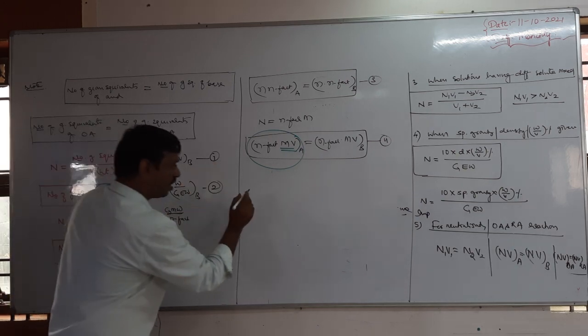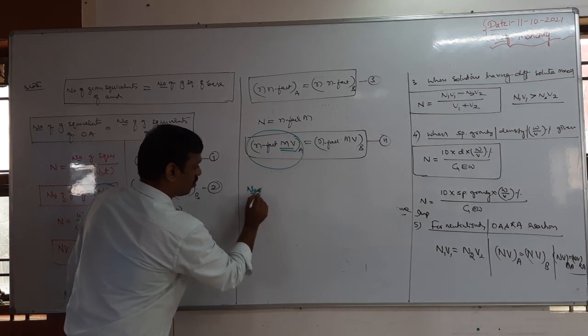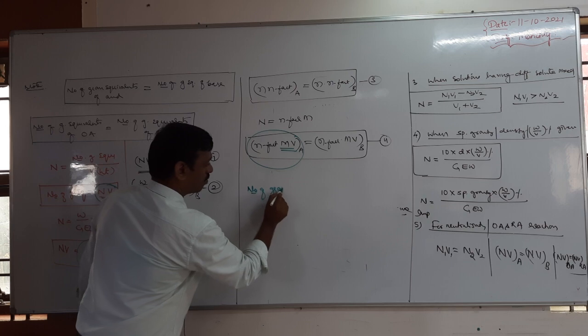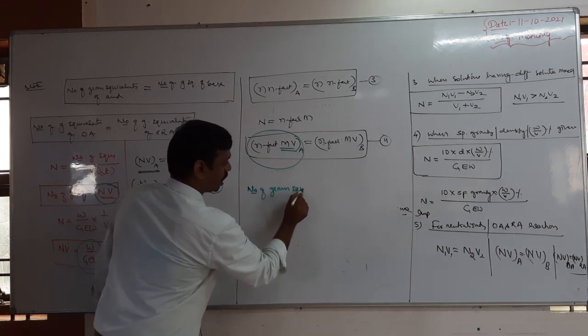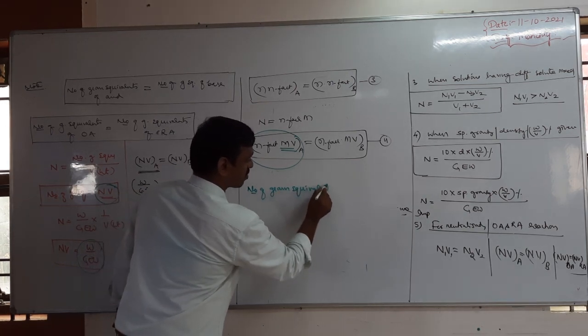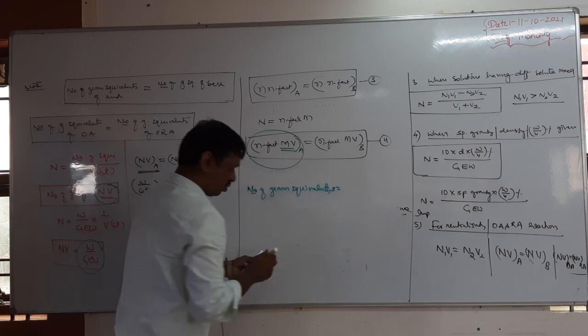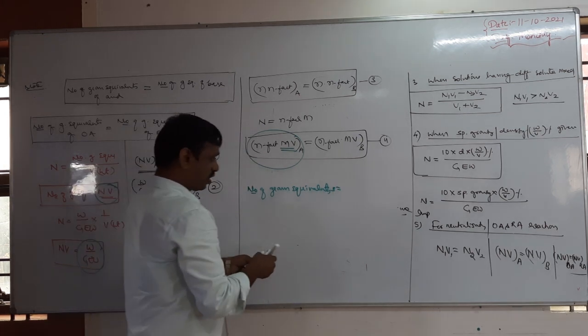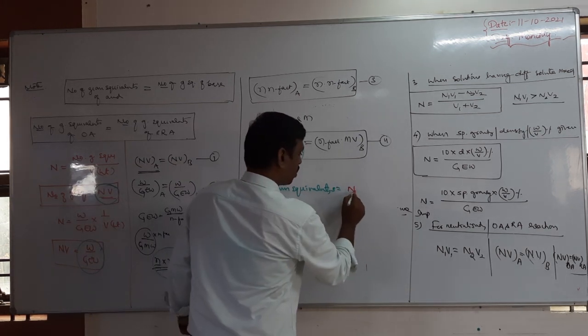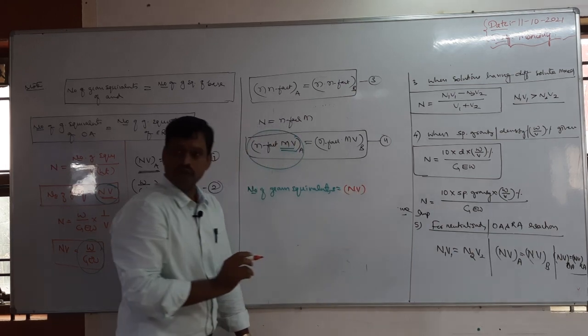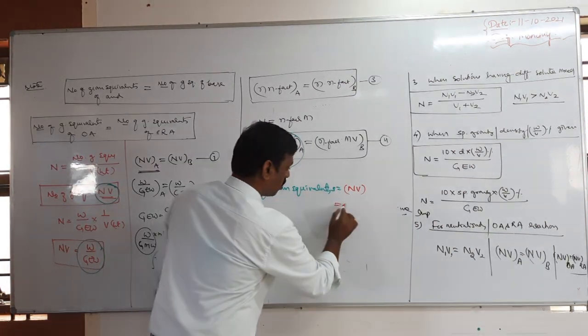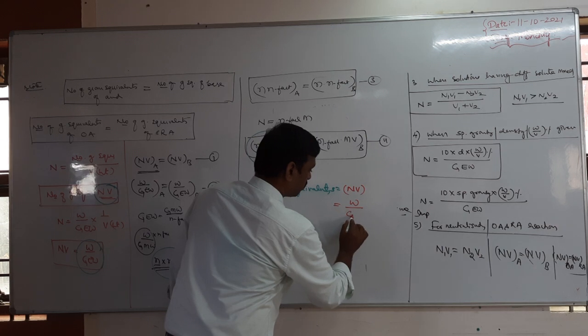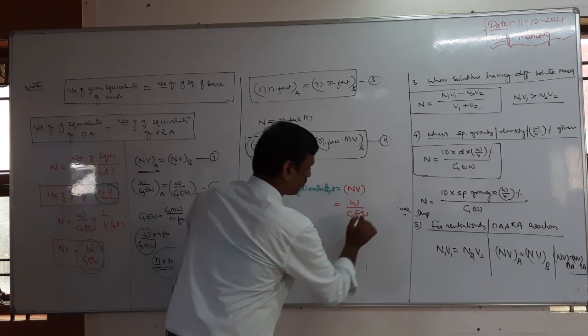Okay. So finally, I will write here: number of gram equivalents equal to 1. Tell me, can I write N into V? Yes or no? Can I write weight by gram equivalent weight?